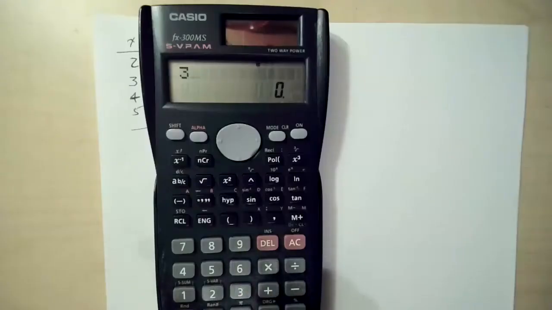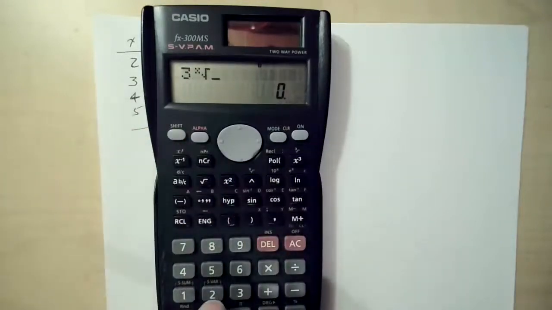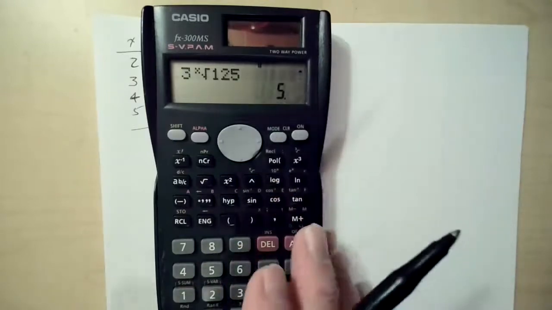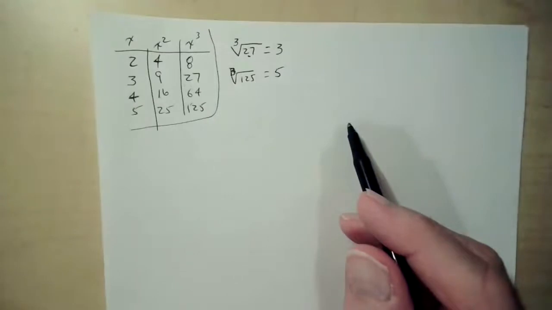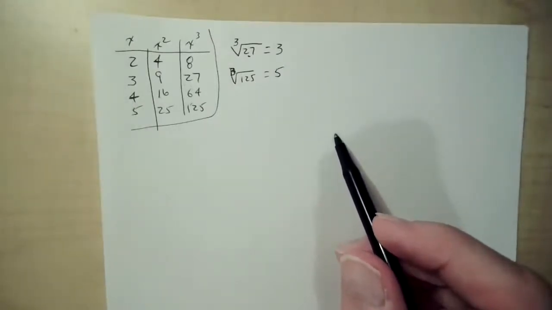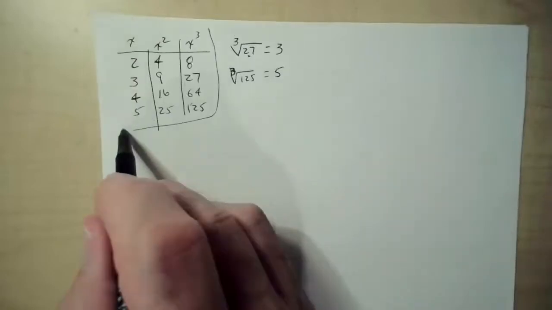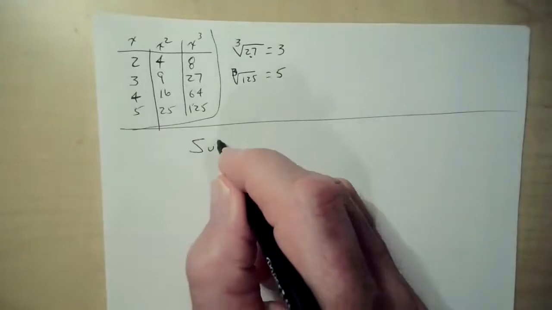So what you do is, first of all, you turn it on. And we want to take the cube root, which is the 3, cube root of, let's say 125. And that's going to be 5. Okay? If you don't have one of these, I would get one. They're very easy to use. They're about $10 or $12. Texas Instruments has one also that's very inexpensive.